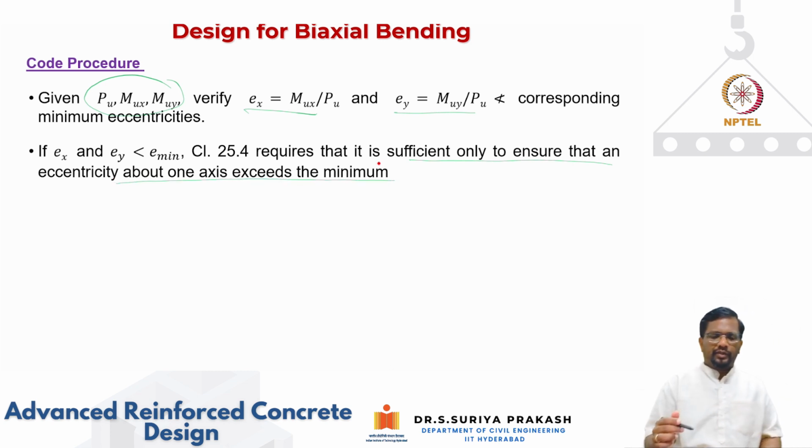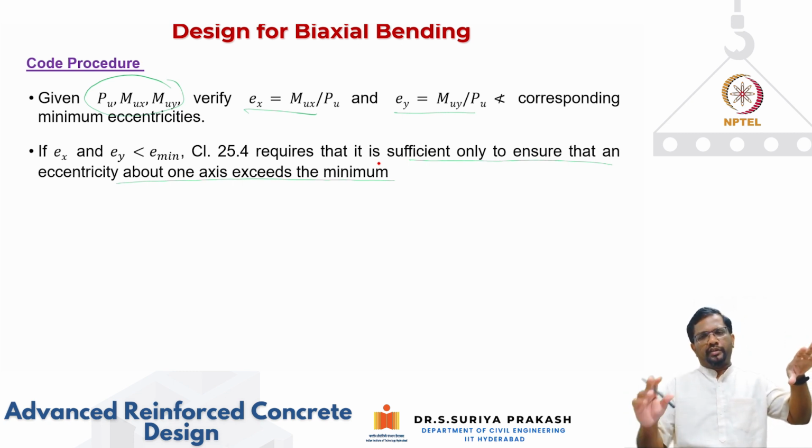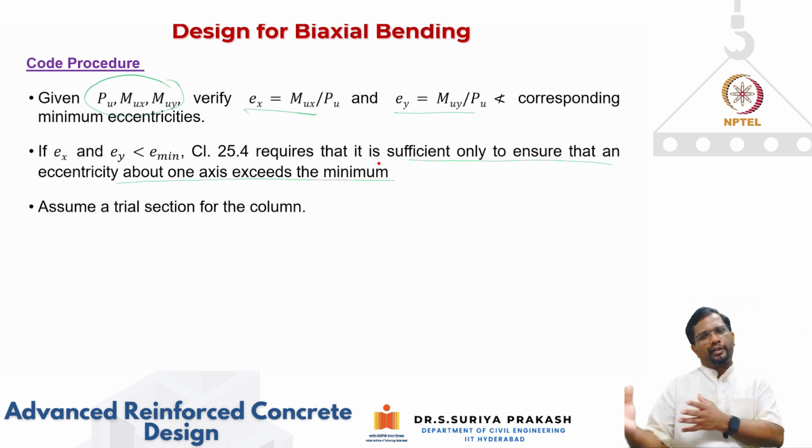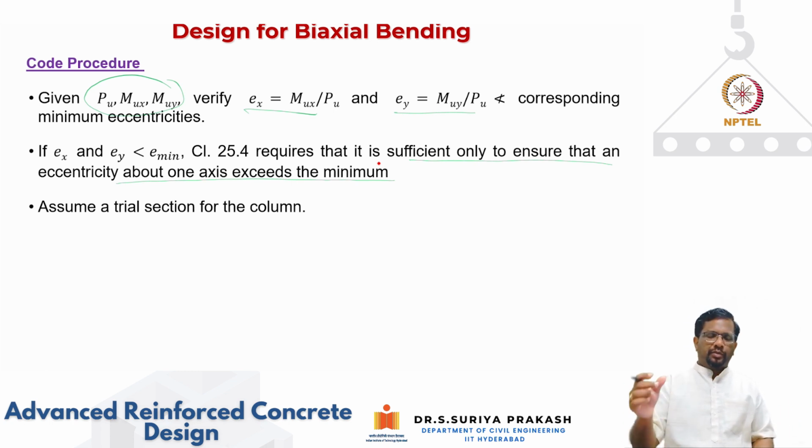In other words, if it is less than e minimum in both axes, then the code says you use whatever you have about one axis, and about the other axis you take the minimum eccentricity specified by the code. You need not consider minimum eccentricity about both axes if your applied eccentricities are less than e minimum, because it is anyway very close to pure compression. The applied eccentricity is very low, so the code says you consider only the minimum eccentricity about one axis.